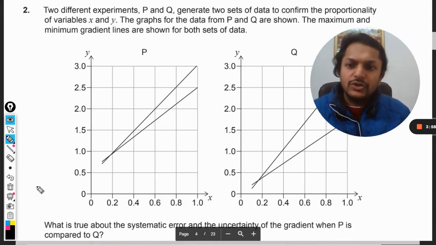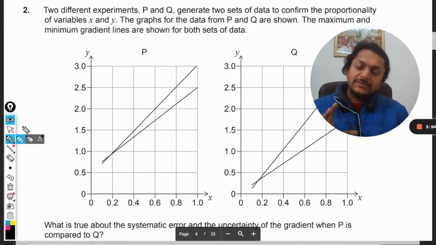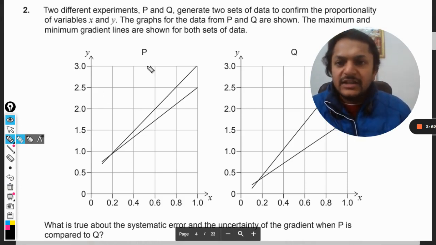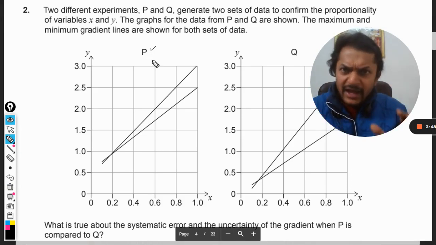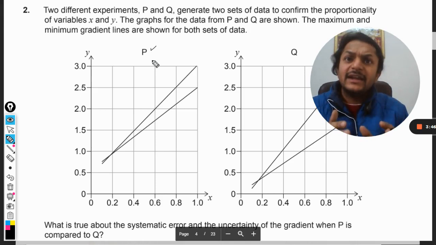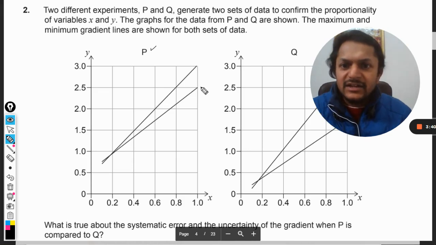I will be showing you the options also. Up to this, what we have learned is that obviously in every experiment there are some errors, and they will be getting two or three values. So P is saying that I have got these two values. Either the graph follows this line or the graph follows this line.